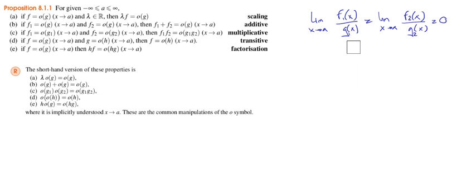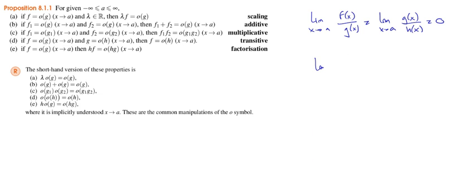Now the transitive property is that if we have a function f that is small o of g, that is, this limit is equal to 0, and then the function g is small o of another function h, so these two limits are 0, then f is small o of h.